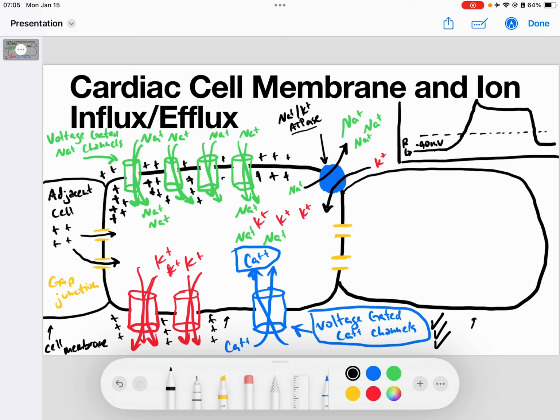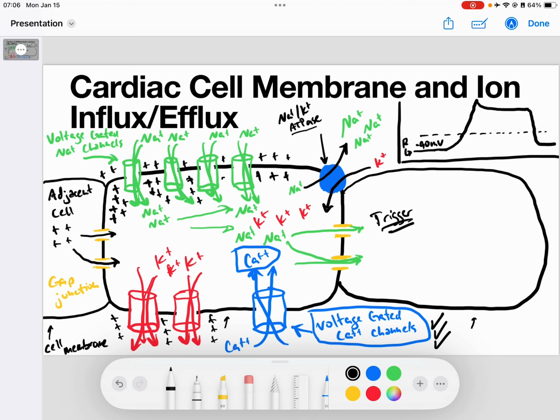And as you've noticed, when we propagate this signal of sodium rushing into the cell, we're also going to get a little bit of leak of that sodium through these gap junctions into the next cell. And that is what's going to allow the next cell to depolarize. So that is going to serve as the trigger for the next cell to depolarize.